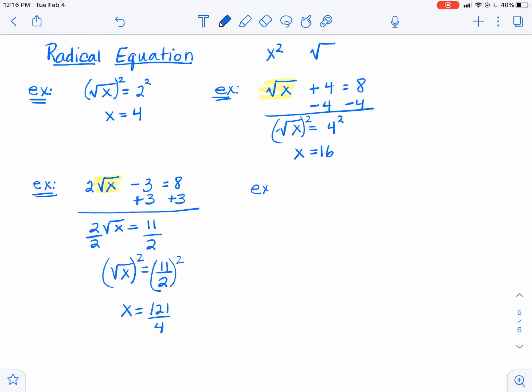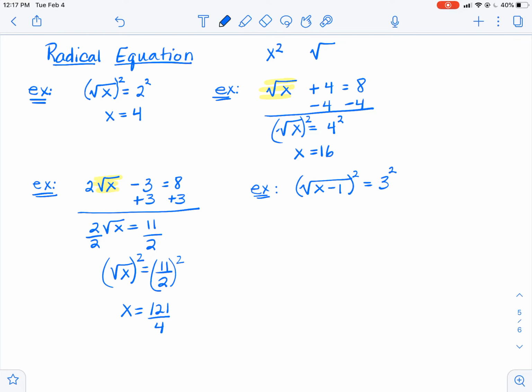Next example, okay, is what happens if I have then something underneath the radical. So let's do the square root of x minus 1 equals 3. Again, we're going to square both sides. And guys, if you'll notice, I am putting parentheses around the radical each time because I am squaring that whole thing.